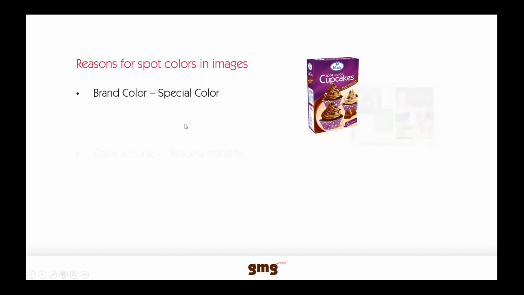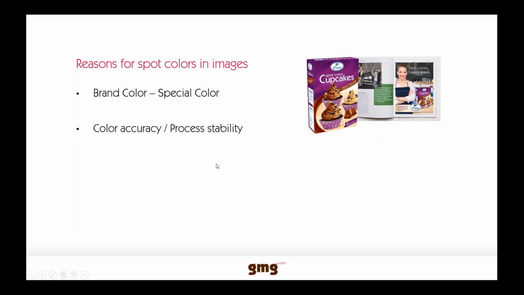Brand colors are one reason, and of course it also supplies better color accuracy and process stability over different printing techniques. This counts for big areas like the background and logos, but also for images. So the cups here and over there will be printed more stably when you use spot colors here.